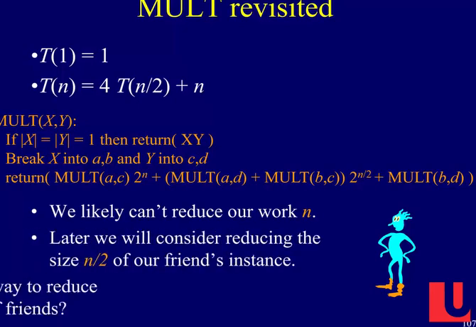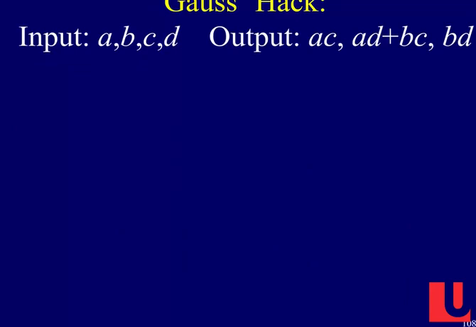Let's talk about Gauss. Here I have these 4 numbers as input, and what is my goal? I don't actually need to compute 4 numbers. I actually need to compute 3 numbers. And I want to compute the 3 numbers not with 4 multiplications, but with 3 multiplications.